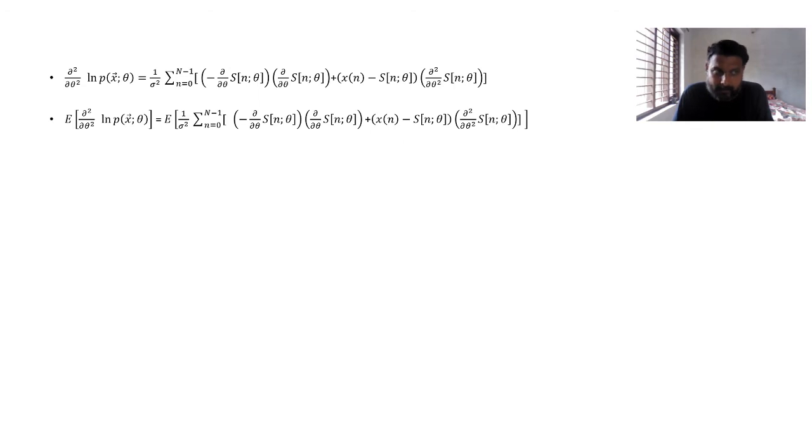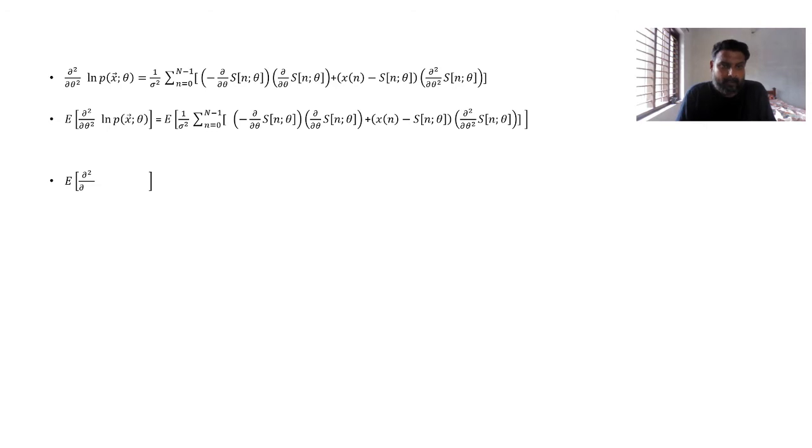Since the expectation of w of n is nothing but 0, the expectation of x of n minus s of n of theta is 0. So 0 into ∂²/∂θ² of s of n of theta, that is why the second term becomes 0.